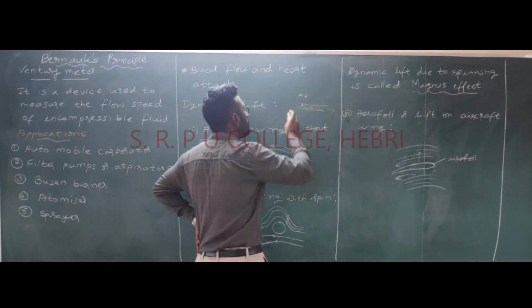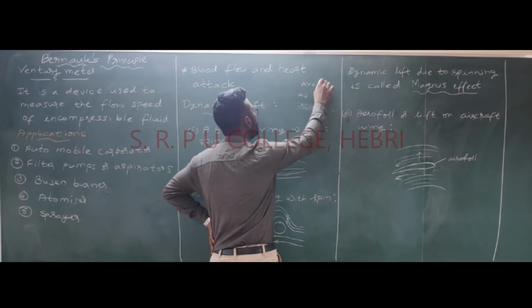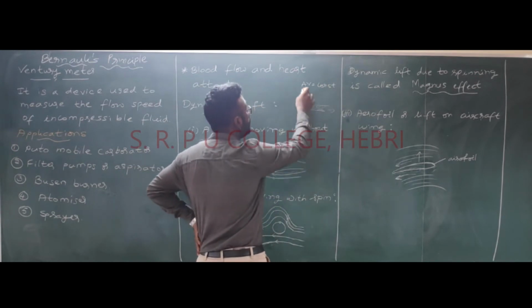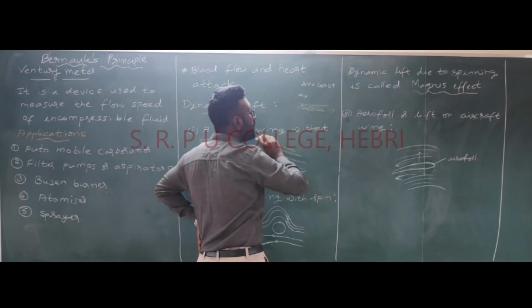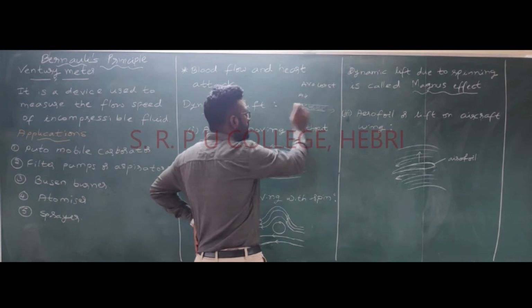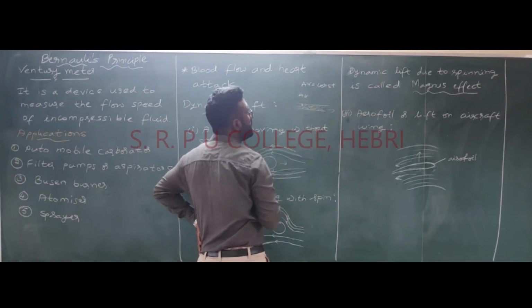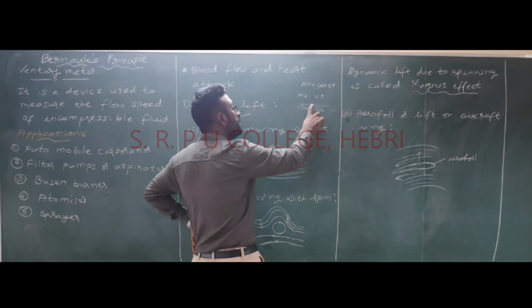From the equation of continuity, what was it? AV is equal to constant. When a fluid flows through a pipe, the product of area and velocity is always constant. So when the area decreases, what happens to the velocity? Velocity increases.